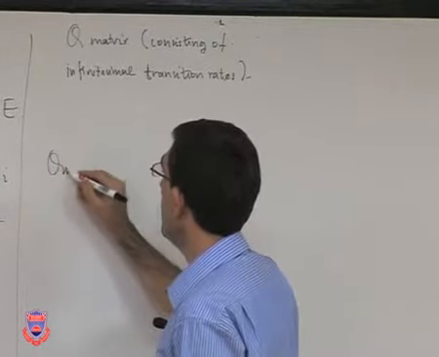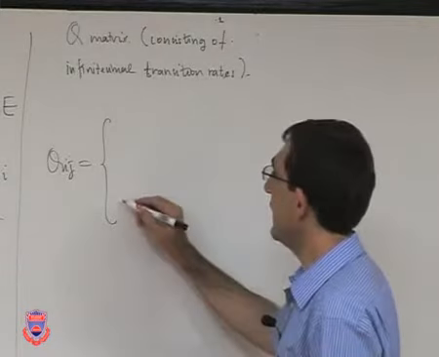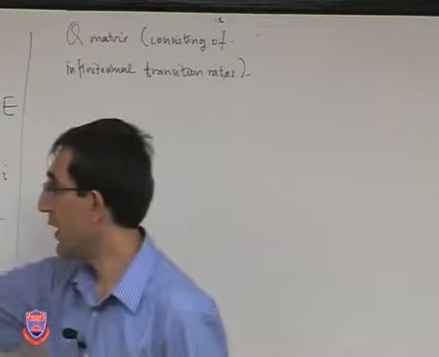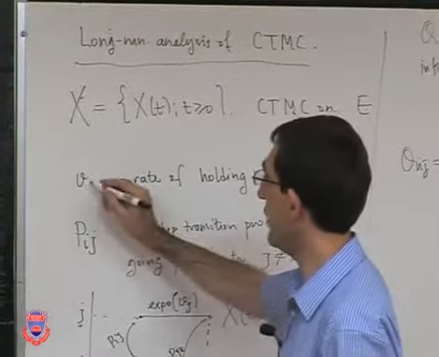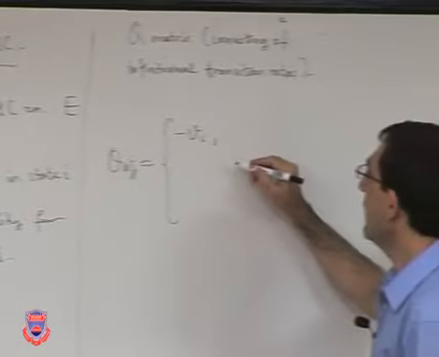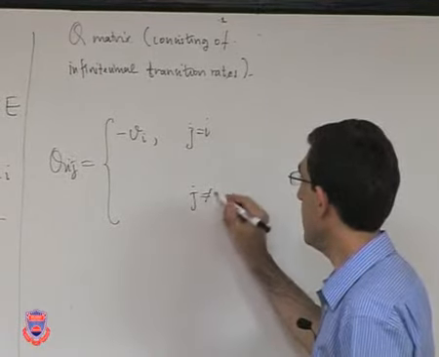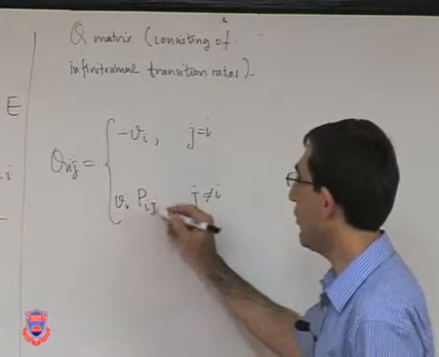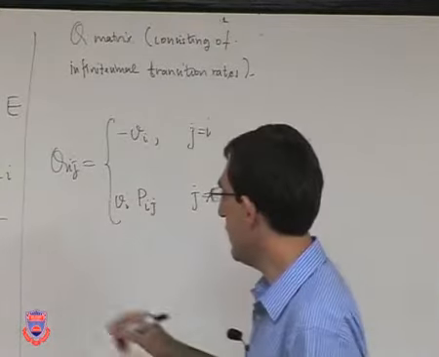Qij is minus the rate of the holding time in state i, so that's minus Vi when j equals i, and when j is different than i, this is Vi times the probability of moving from state i to state j.